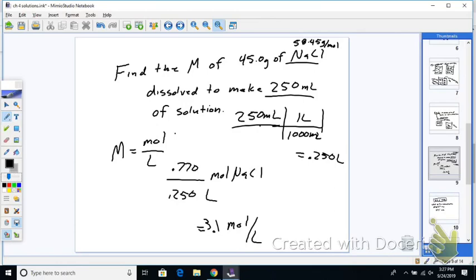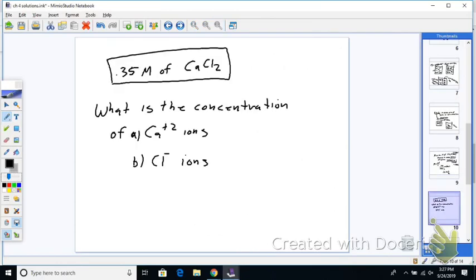Okay? Really easy idea. Now, this one I'm giving you the molarity, and this is a dissociation. We're taking CaCl2 and breaking it apart into Ca and chlorine. When it dissociates, it goes from a solid into ions in aqueous form.